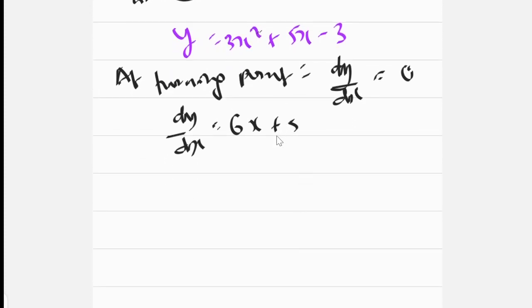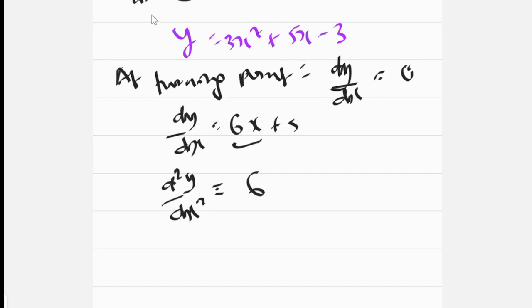So if that is now clear, then you can determine whether it is a minimum, although we don't need to do this because they already told us to find the maximum value. It means it will give me a maximum point. But let us show that d²y/dx² will give me what? If you differentiate this again, it will give me 6.